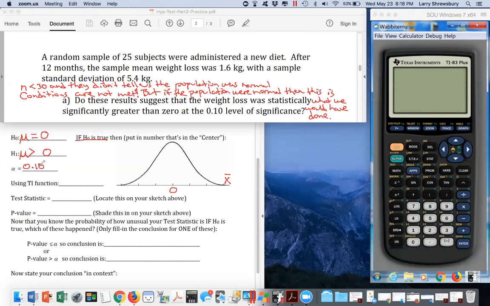Well, what is it they're afraid of? A type 2 error. What would that be? Well, a type 2 error is where we just land a little bit above, and so we do what we're supposed to do. We fail to reject the null, but we could be wrong due to sampling error, because here we're saying that, hey, you're not going to lose any weight on this diet. Don't bother with it.